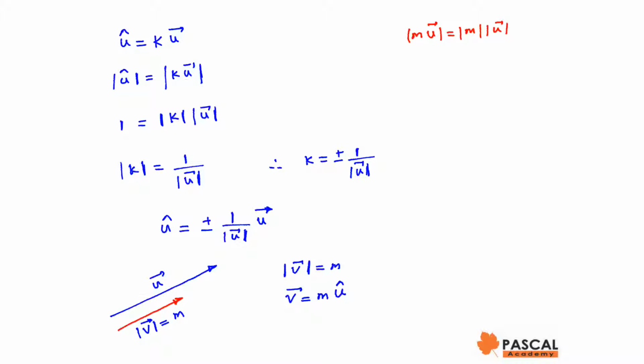Let's see the relationship between vector v and u. If size of v is known and it is parallel to u, we know v is m times u hat, because size of v is m.